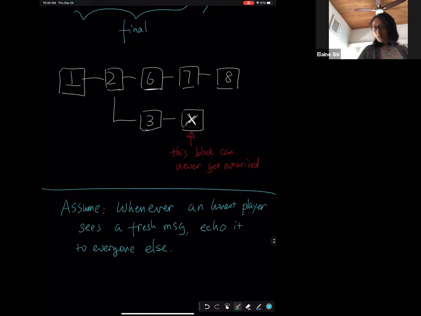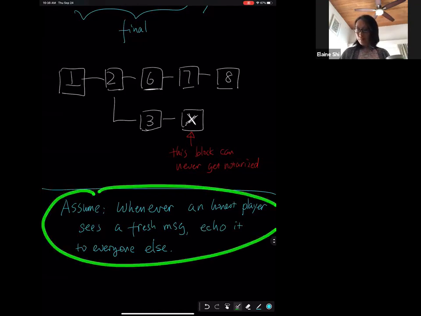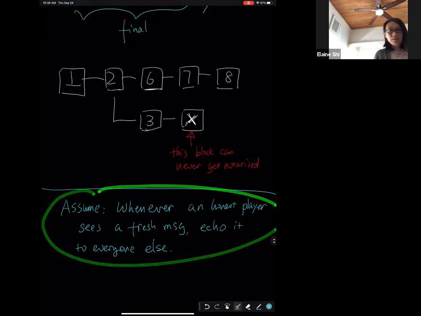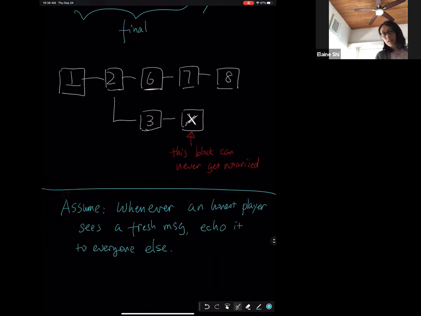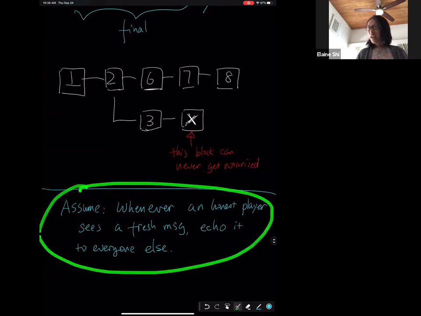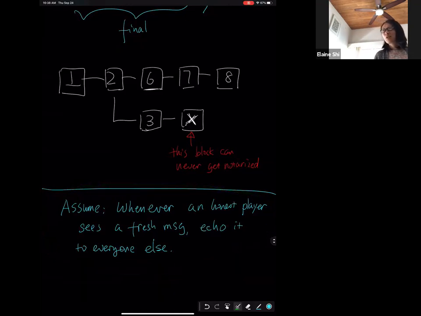Let's not talk about how this is implemented in practice, but maybe you can think about, if I asked you to implement a consensus protocol like Streamlet, how are you going to make sure that this is guaranteed? This should actually be part of the network layer in the implementation, and not part of the consensus layer.